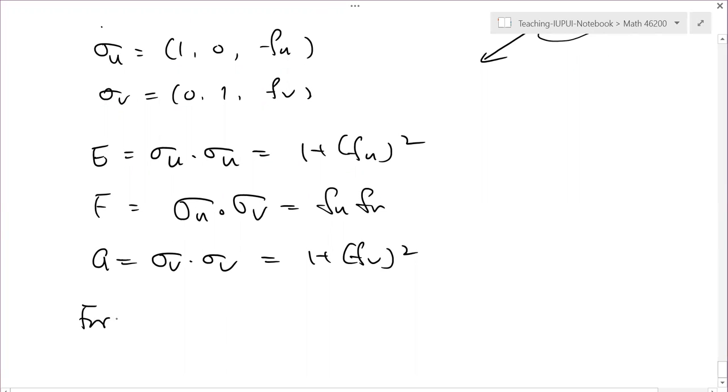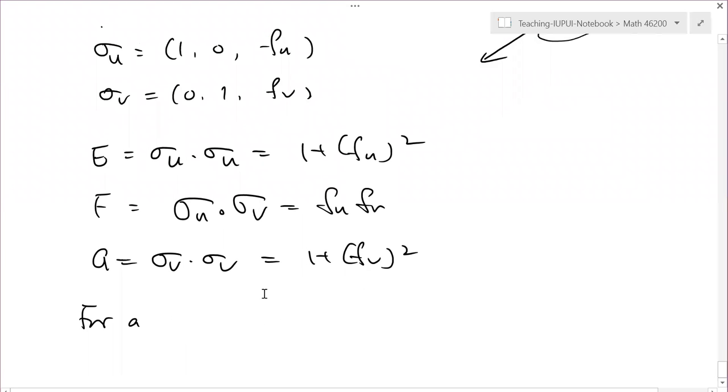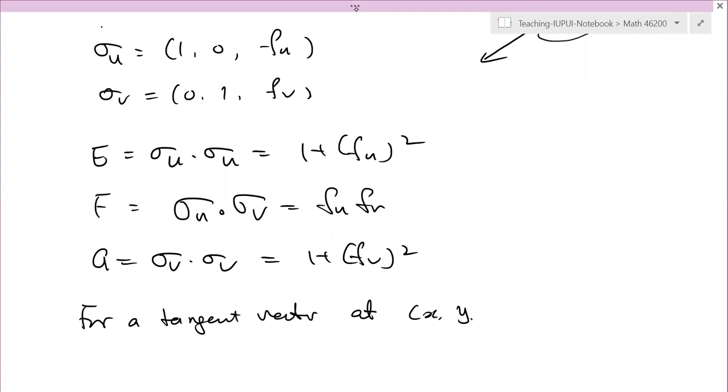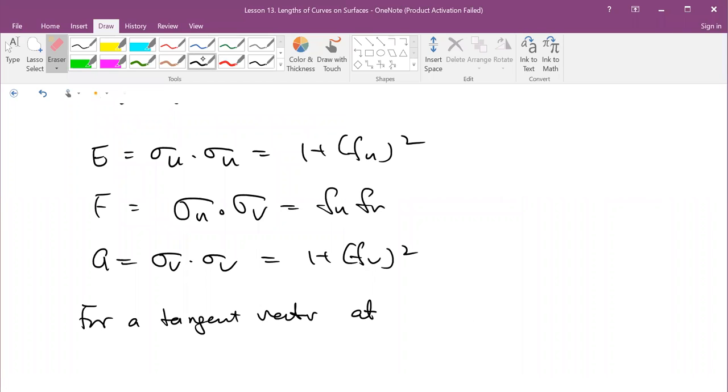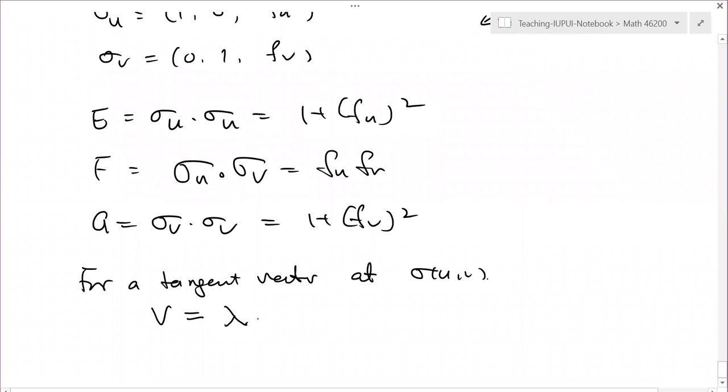So for obtaining a tangent vector to the surface at the point (x, y), let's see, at the point of sigma, it is going to be lambda sigma u plus mu sigma v.